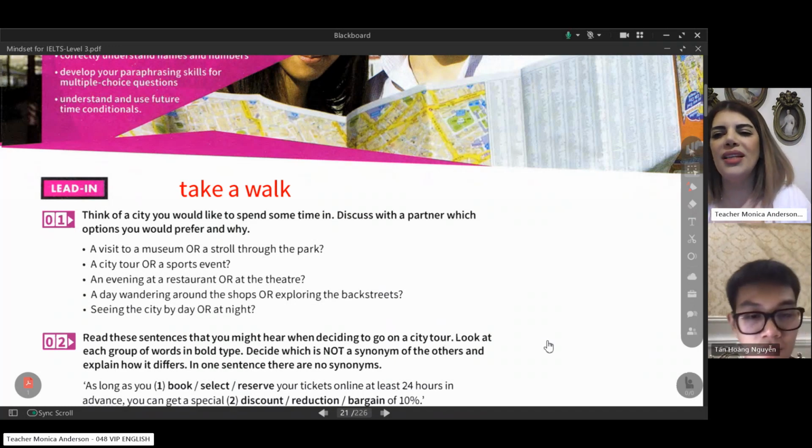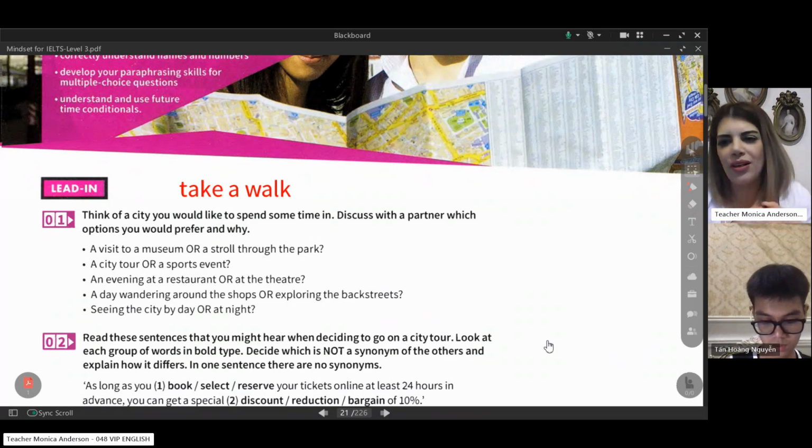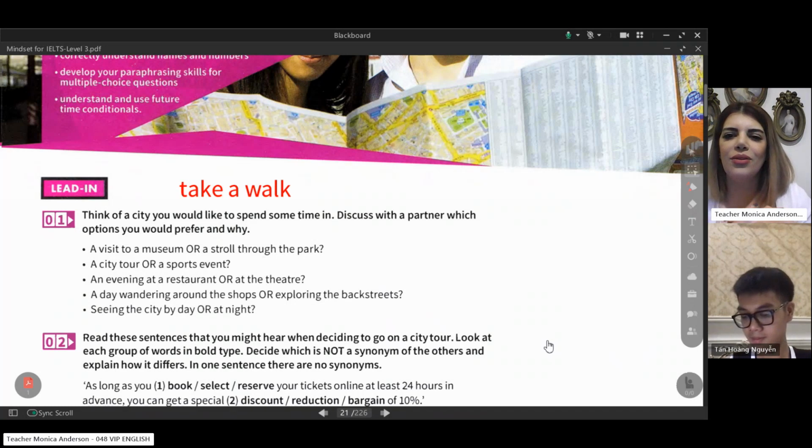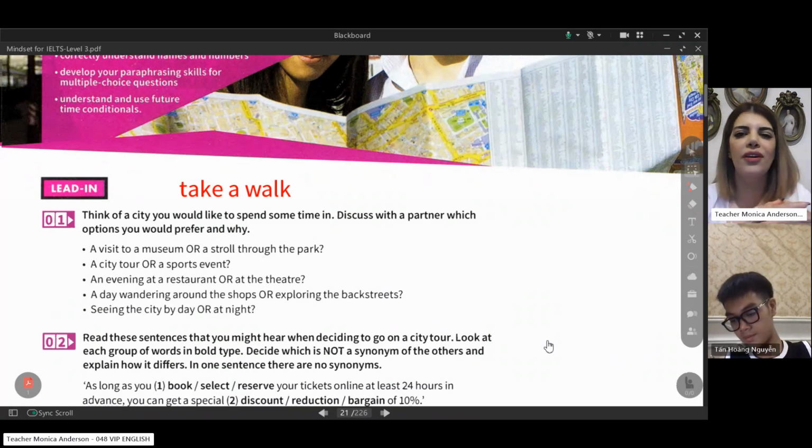Okay. So take a walk is a synonym of have a walk, so it's okay to use it. Actually, the sentence is grammatically correct. Say have a walk or take a walk, or have a shower, take a shower. You can also say go for a walk, if you want to say it.